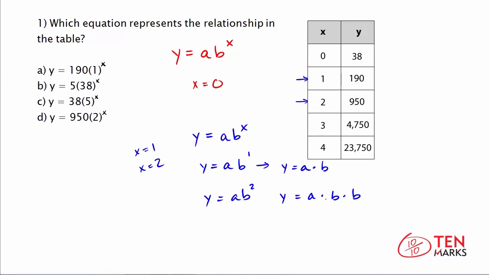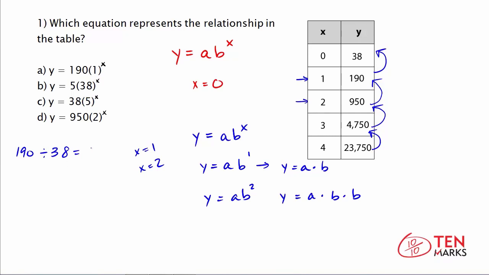Now that's why if you want to find the value of b, you're going to use division, and you're going to divide the term that comes second here, so the x equals 2, by x equals 1. And we're going to find the quotient for all of these relationships here. What's the factor, or the growth factor? What's b? So you're going to have 190, which is the value when x equals 1, divided by 38.